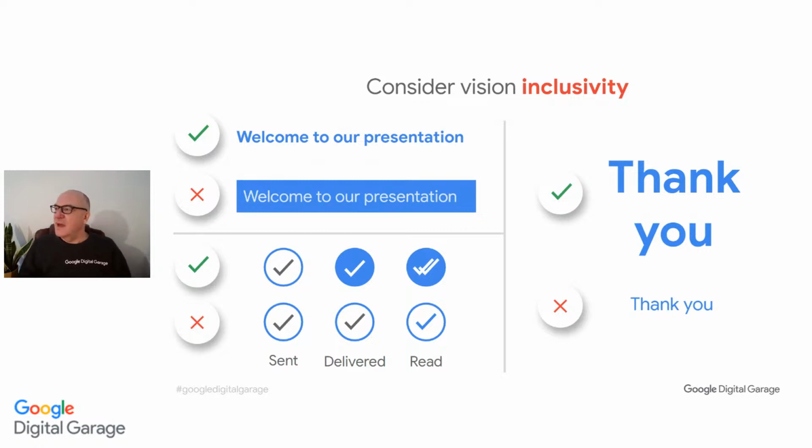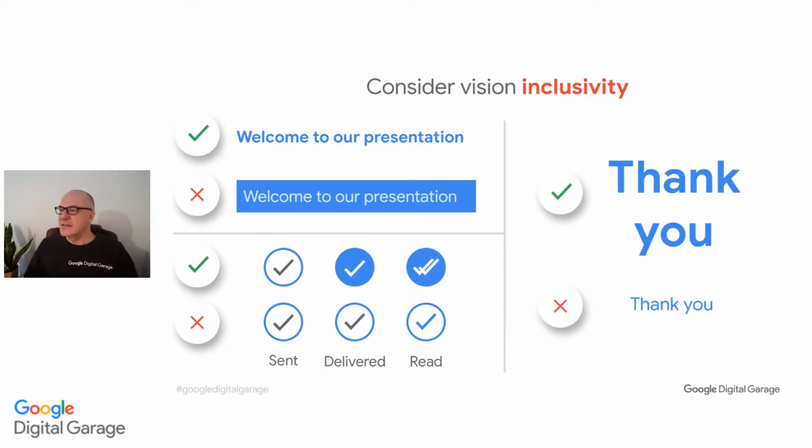Now, consider vision inclusivity as well, to make sure that your presentation is accessible to everybody in the room. Again, use those consistent colors, strong color contrasts and bold fonts to ensure that your text is legible. Again, a darker color on a white background, as you can see from the top left.